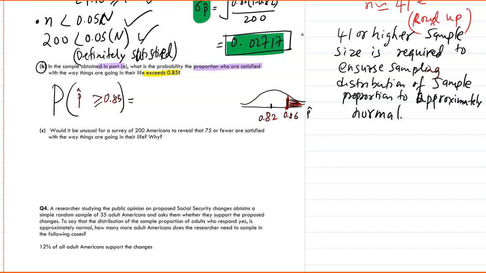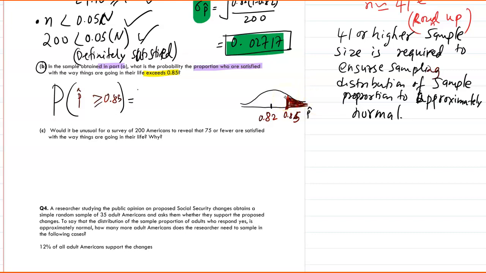This area greater than 0.85, not 0.86, because we're looking for the area to the right of this number, exceed. Okay, that's what I'm looking for pretty much.